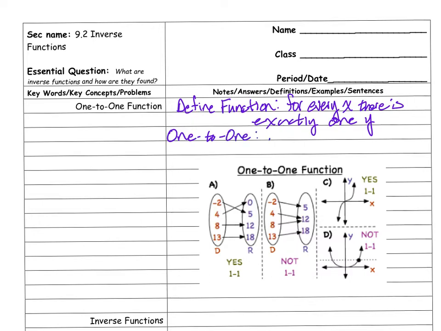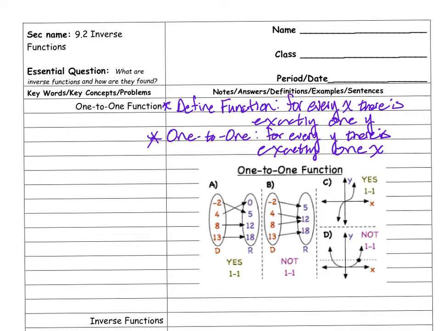Okay, that means for every y, there is exactly 1 x. So for it to be a one-to-one function, it has to be both a function and meet the function definition. So for every x, there's exactly 1 y. And then for it to be one-to-one, it also has to meet the reverse that says for every y, there's exactly 1 x.